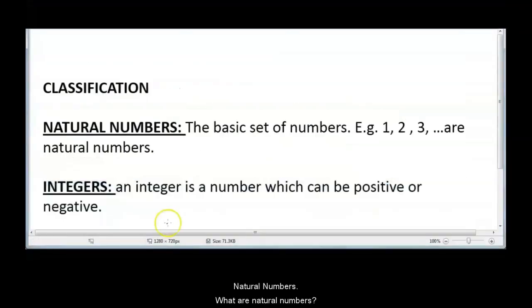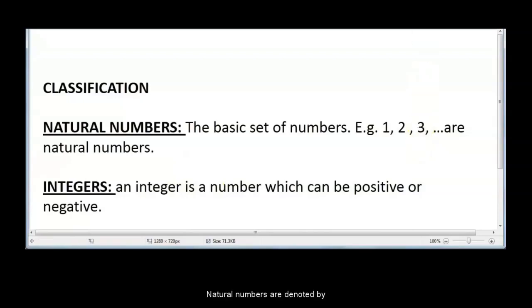Natural numbers. What are natural numbers? They are the basic set of numbers that we use every day. 1, 2, 3, dash. They are all natural numbers. The dash means that the sequence continues infinitely.